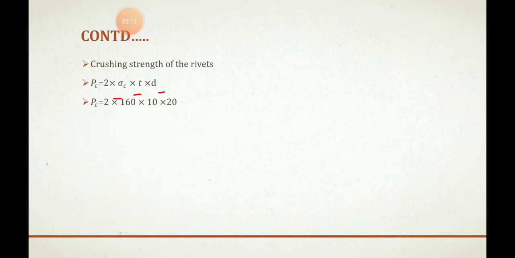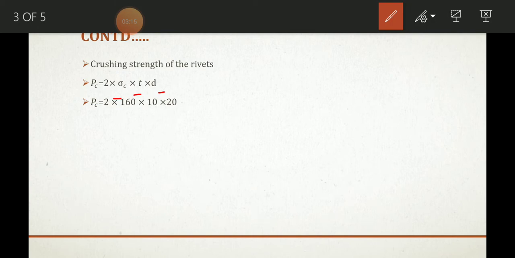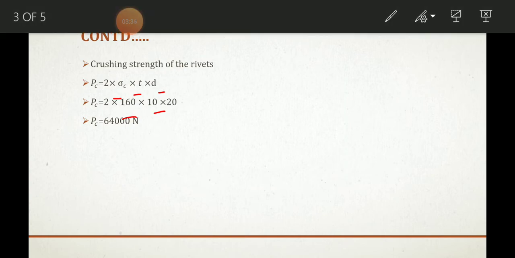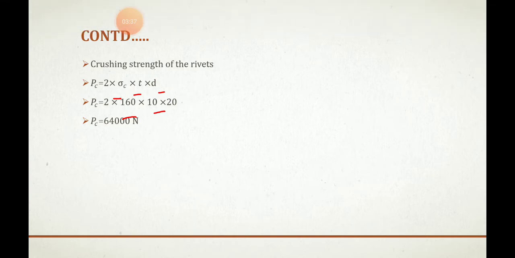Now substitute: sigma c is 160 megapascal or Newton per mm square, t is 10 mm and d is 20. Once you solve it, you will get Pc, the crushing strength, as 64,000 Newton, or 64 kilonewton.